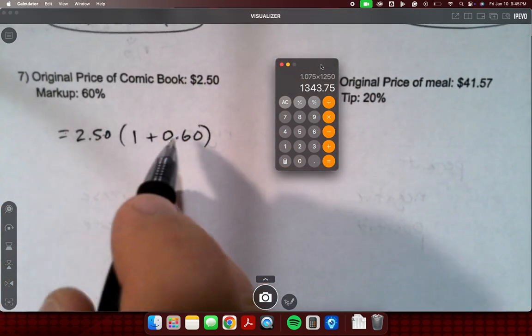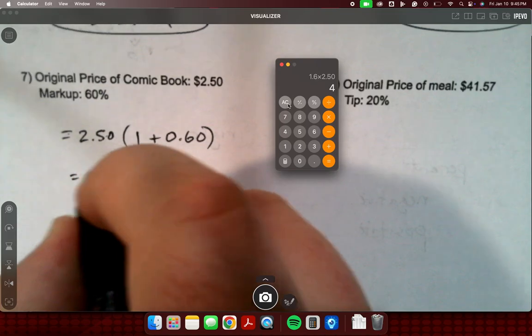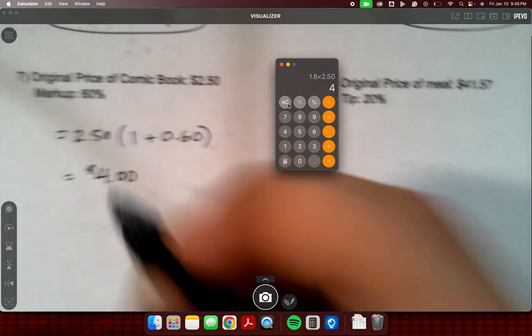So I changed the 60% to a decimal. So to find out what the comic book store sells it to their customer for, we do 1 plus 0.6, and then we multiply by $2.50. So the comic book store is going to sell it for $4 so that they can make a profit of $1.50.